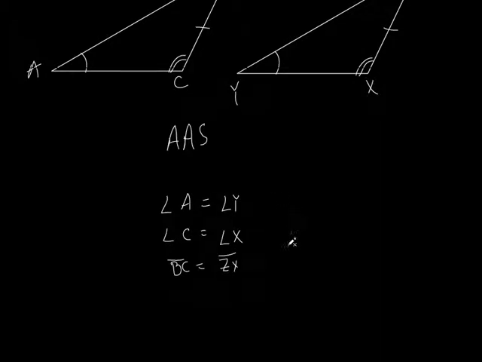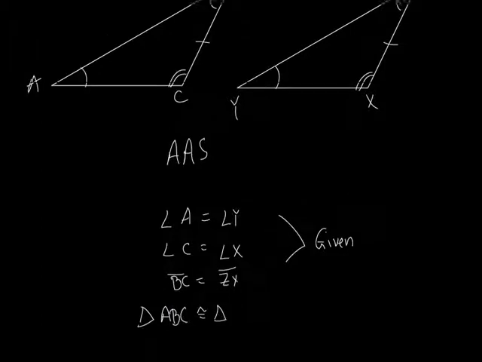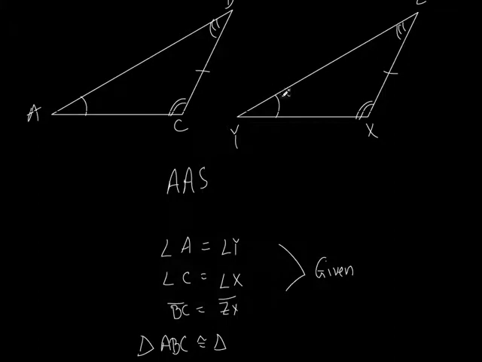So all that is given. If that was what you wrote down on your proof, and then you said that triangle ABC was congruent to triangle YZX, I was trying to be fancy. Now, it all depends.